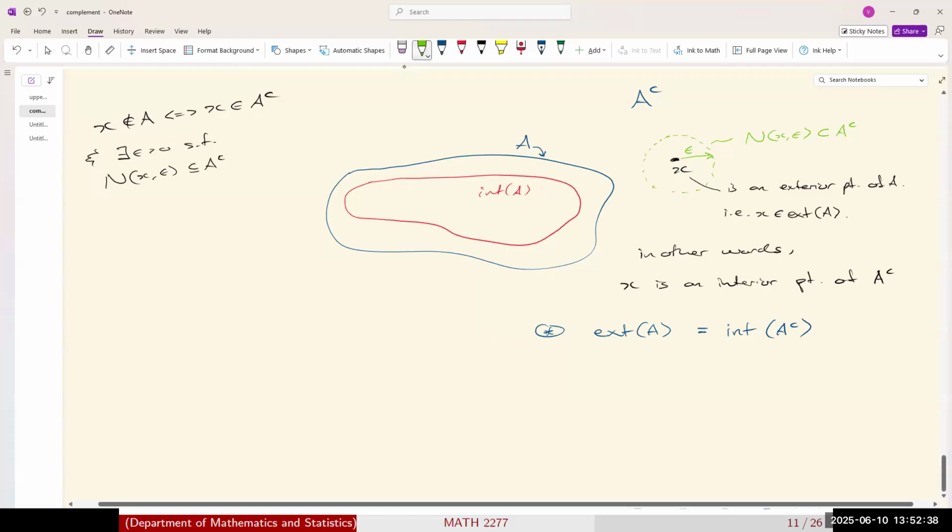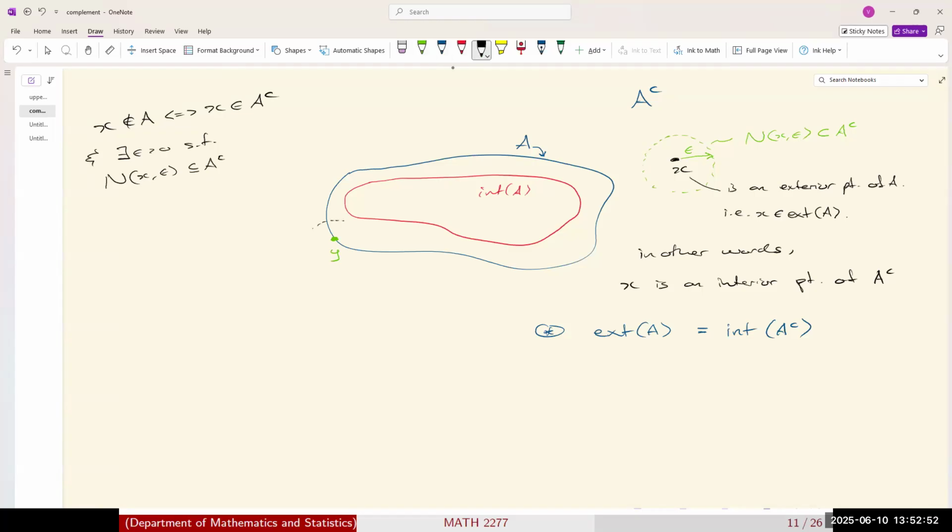Okay, so what is an example of a boundary point? What if you're over here? This point, let's call it Y. Notice if you put any neighborhood around Y, any neighborhood you put, no matter how big or how small, will contain points of A complement and it will contain points of A, right?